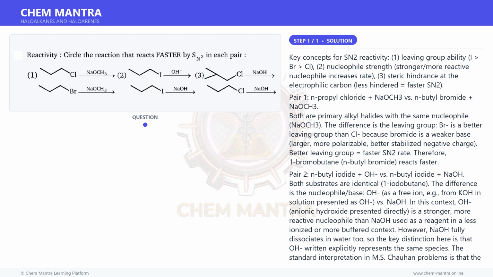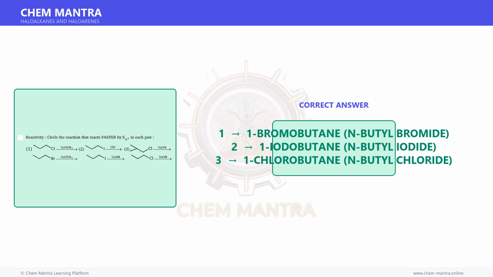Therefore, the correct matching is 1 matches 1-bromobutane, n-butyl bromide, 2 matches 1-iodobutane, n-butyl iodide, 3 matches 1-chlorobutane, n-butyl chloride.